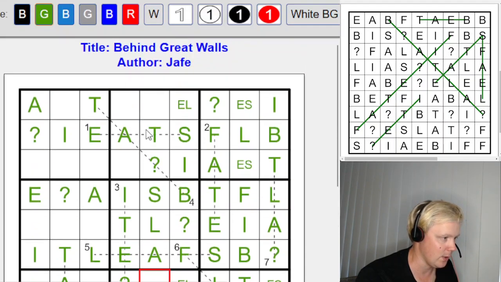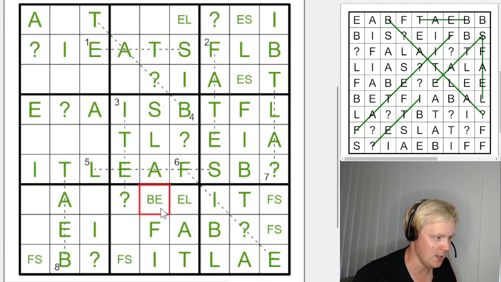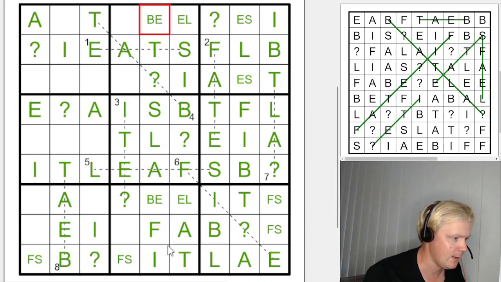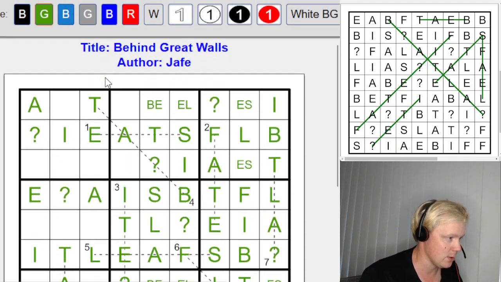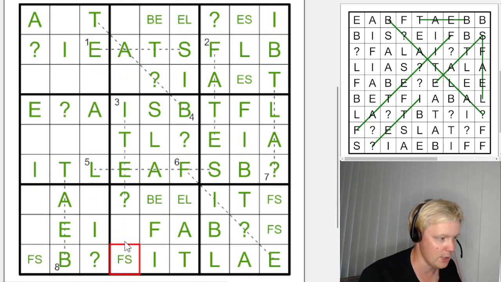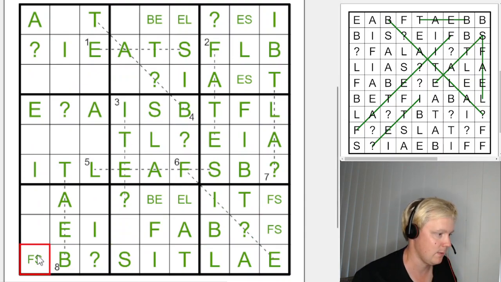Yeah, I don't think we know. We have to pencil mark this B and E. Breaking and entering, B and E are here, but I don't think we know the order here. But this F does help us because it rules out the F from here. So this is S and this is F.